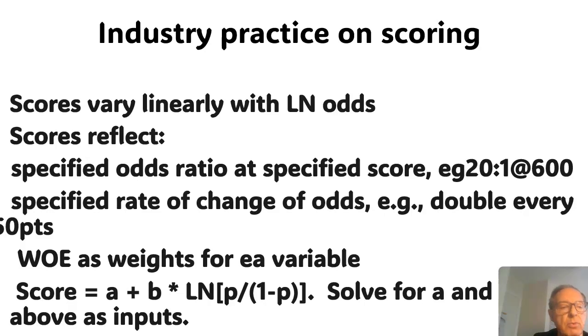So, for example, we want to double the odds for every 50 points. And remember, the WOEs are weights for each variable. So those two initial conditions will be used in a linear calculation of score. We're going to solve for A and B based on those two initial conditions. And then the score will be A plus B times the natural log of the odds ratio, and solving for A and B.